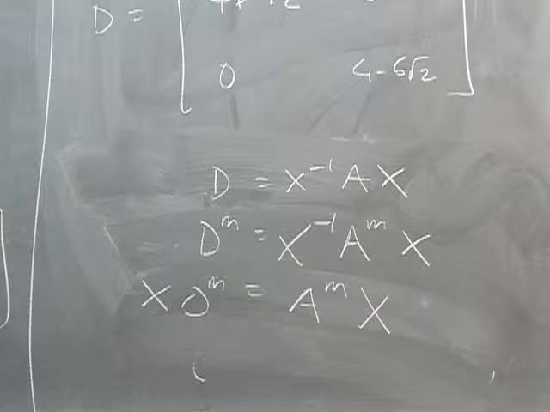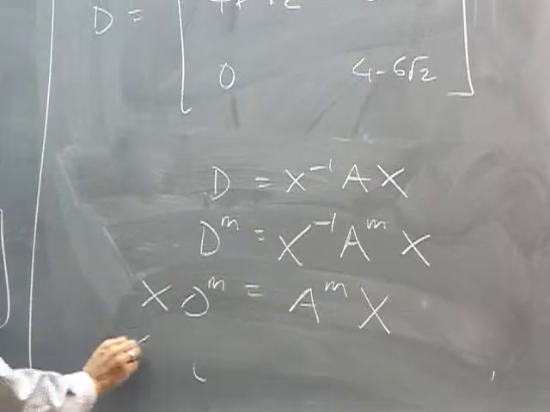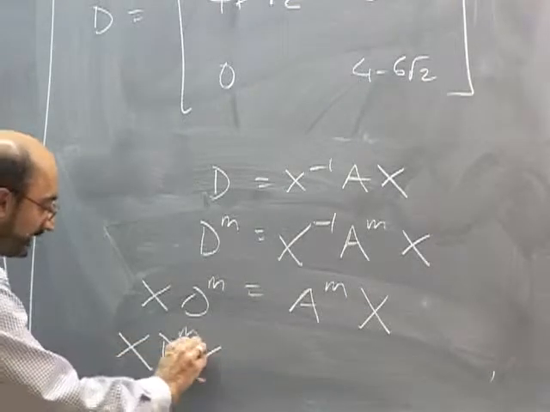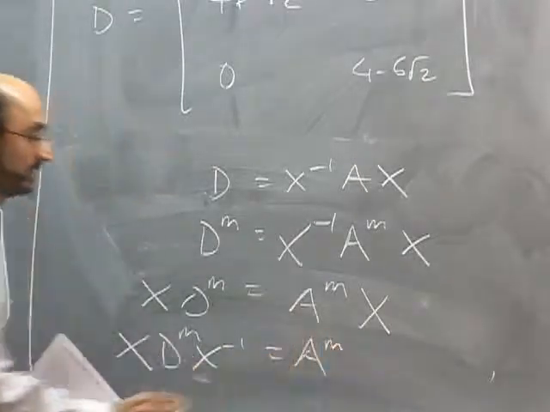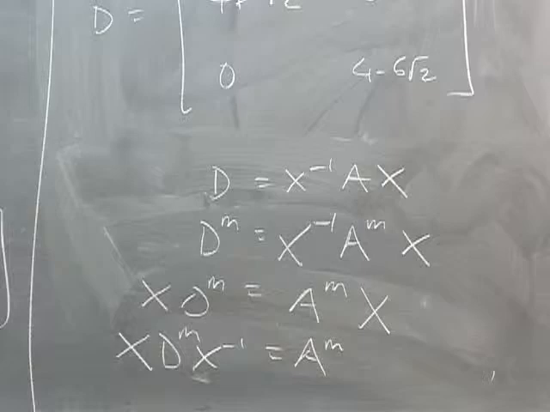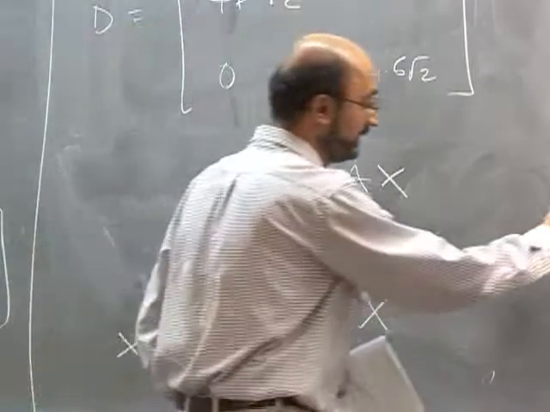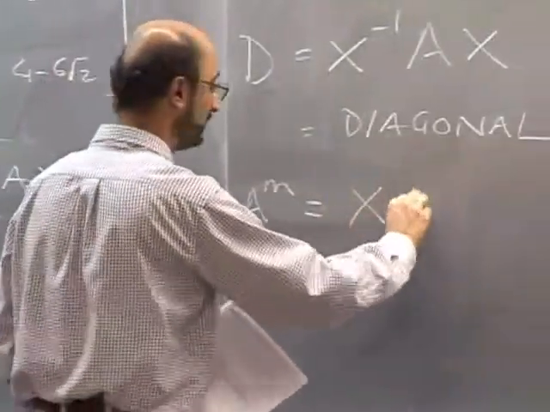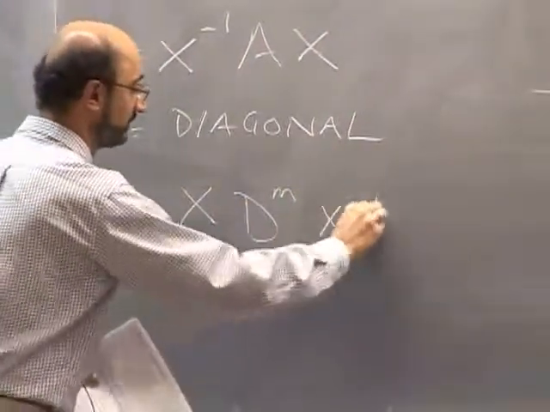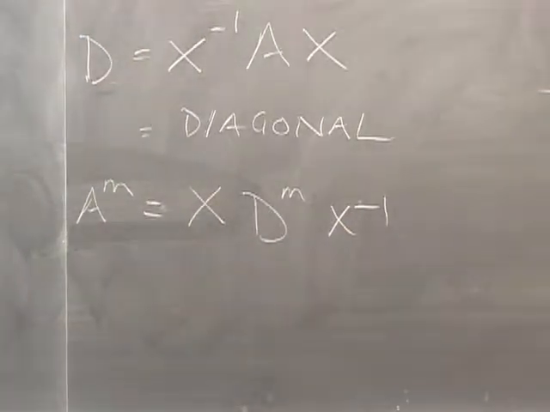And if I post multiply by x inverse, I get x D to the m x inverse equals A to the m. Okay, so I guess what you're saying is I need to flip it around. You're right. So that A to the m is given by x D to the m x inverse. Sorry, it's not the way. Yeah.